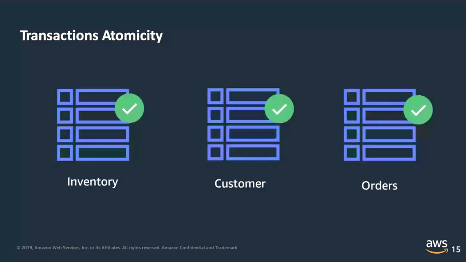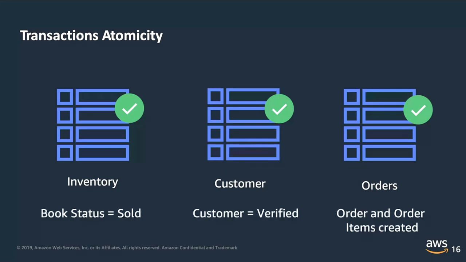And what you essentially want is that finally, all these operations execute atomically. Again, if you had a single user using that application, you can simply write this logic and make sure the operations are idempotent and things will just work. What you want is the final state to have the book status as sold, customer verified, and orders created.